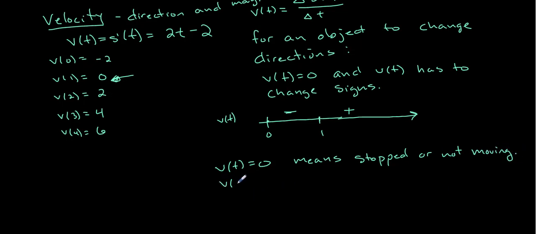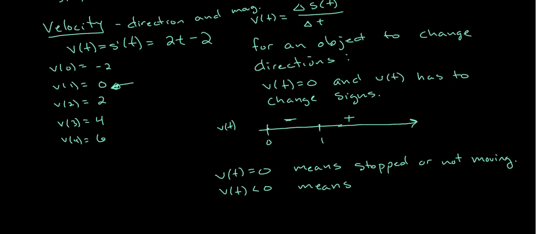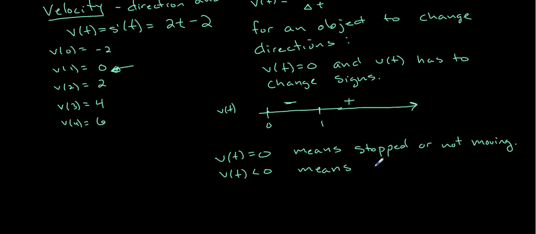What does v of t being less than 0 mean? Okay, it means negative. What else does it mean in terms of an object moving? And we'll say horizontal motion right now. Yeah, moves left. It means moving left.